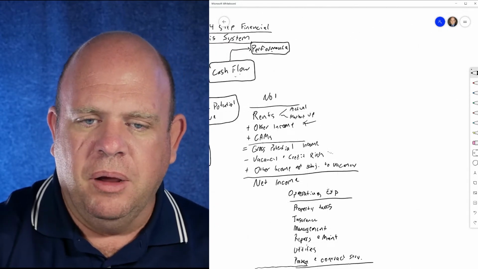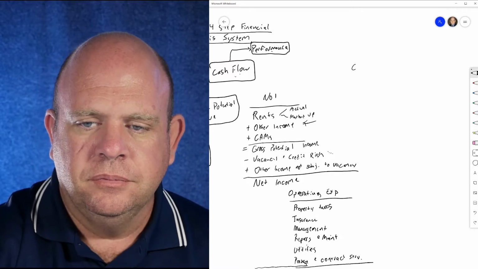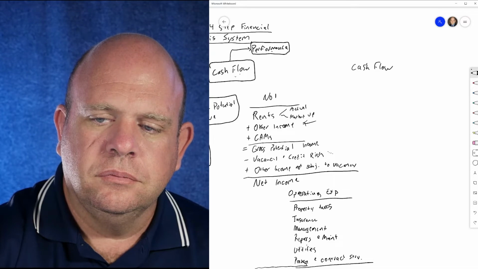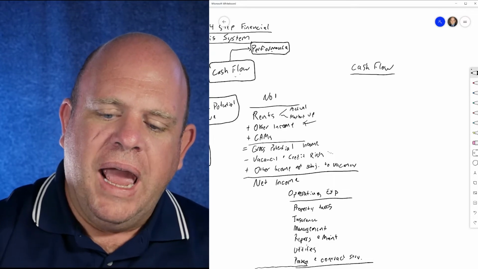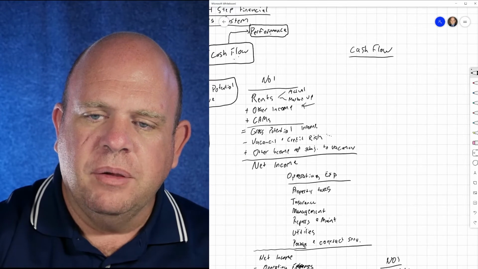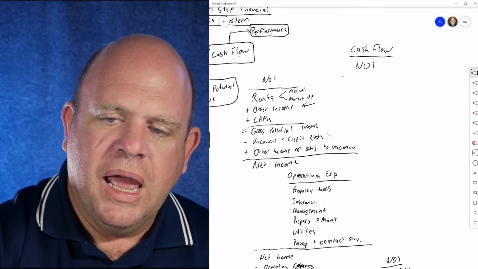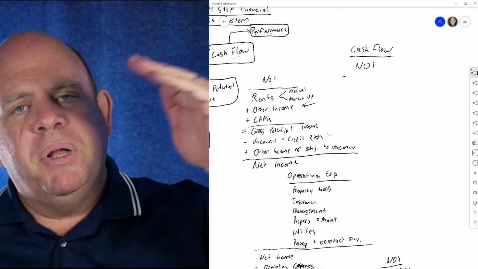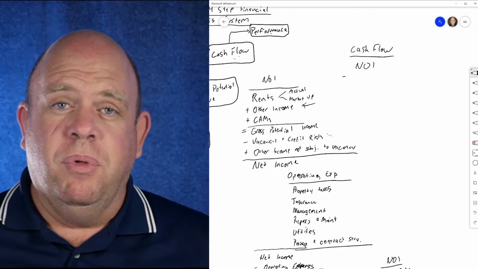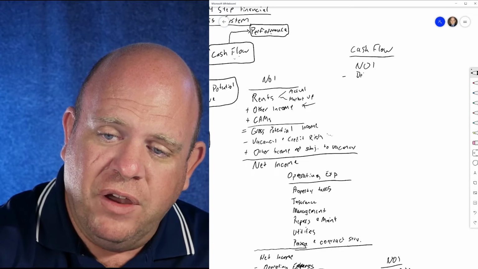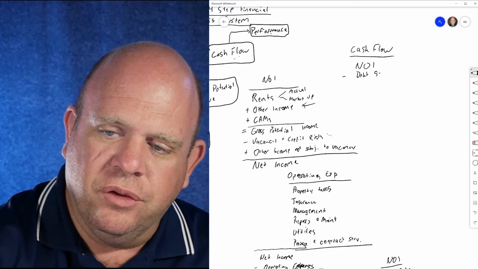Let's talk a little bit about cash flow. Cash flow is very simple. You take your NOI, and now you minus all those below-the-line costs. So what is the big below-the-line cost? Well, the biggest one that really affects everything is your debt service.